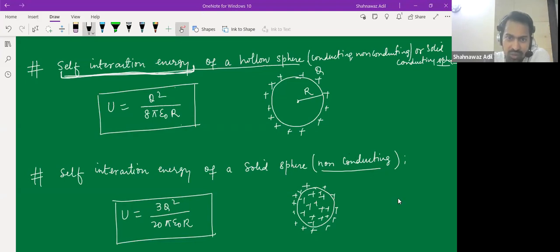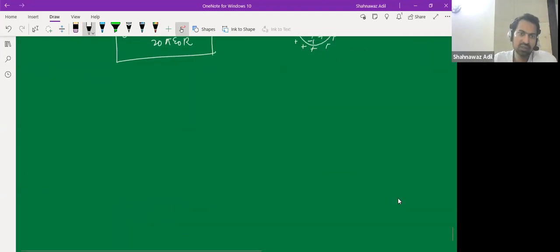Okay, so now let us do one question based on this idea. We have two spheres.